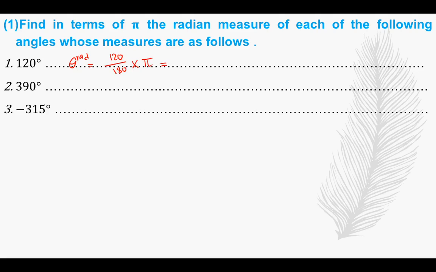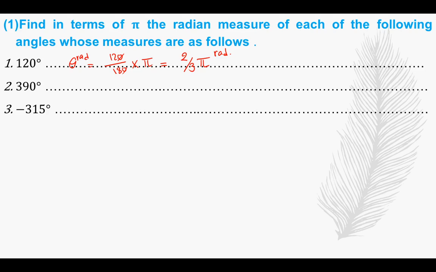We want the answer in terms of pi, so we write pi as it is and simplify only 120 over 180. Zero cancels zero, divided by 6 it equals 2, and divided by 6 it equals 3. So the result is 2 over 3 pi radian. So 120 degrees is equivalent to 2 over 3 pi radian.